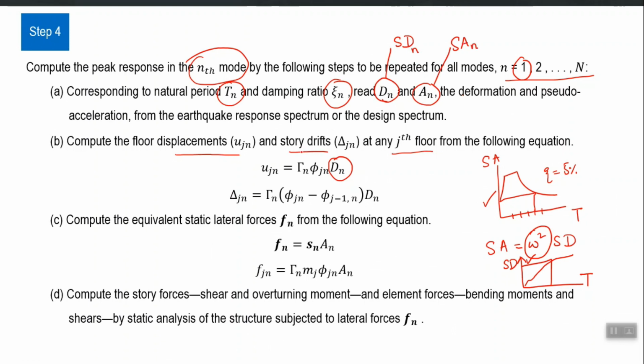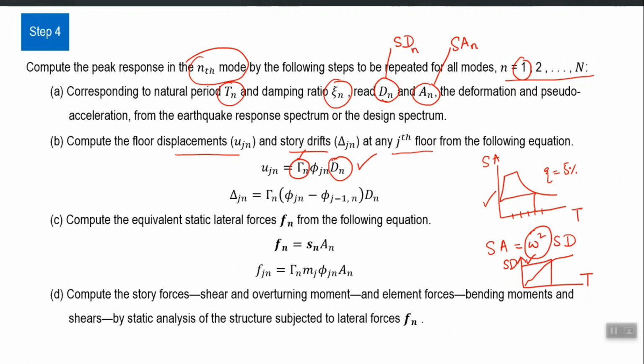So for any story level, I can calculate the story displacement from this expression. Simply, the mode shape ordinate at the jth level for that particular nth mode will be multiplied by gamma n, and multiplied by the spectral displacement. Both of these two numbers which I encircle now, gamma n and Dn, are constant quantities for any nth mode, right.